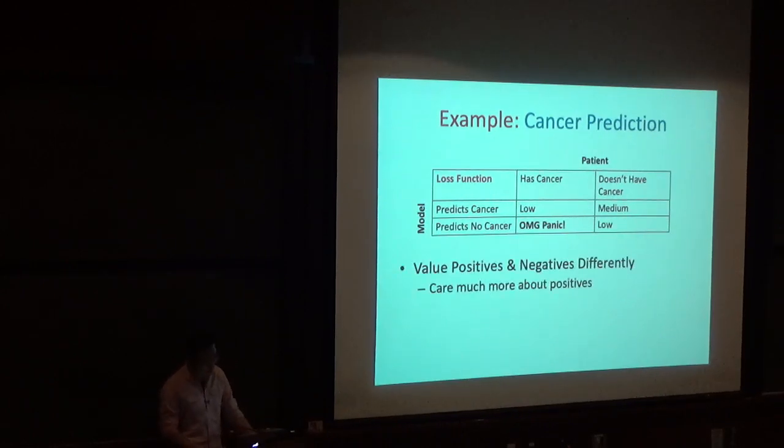In particular, this illustrates the idea that the loss function considers positives and negatives differently. We care much more about the positive examples than the negative examples. If the true target is positive, we better predict positive.